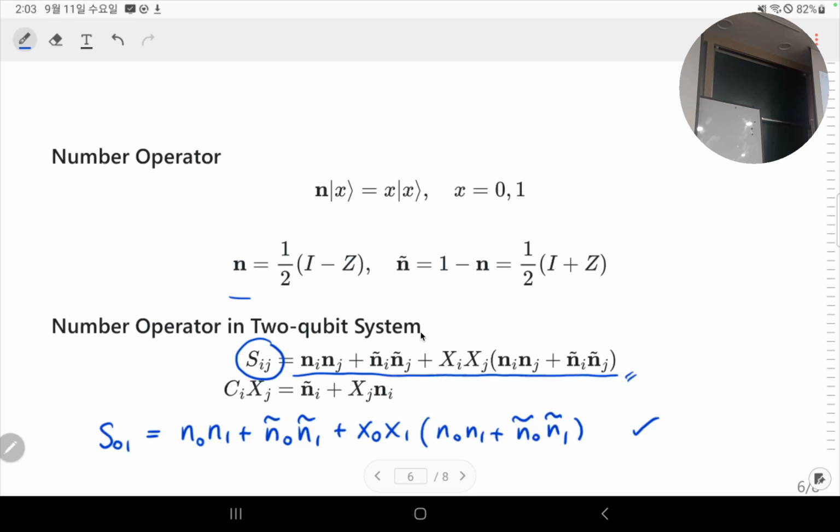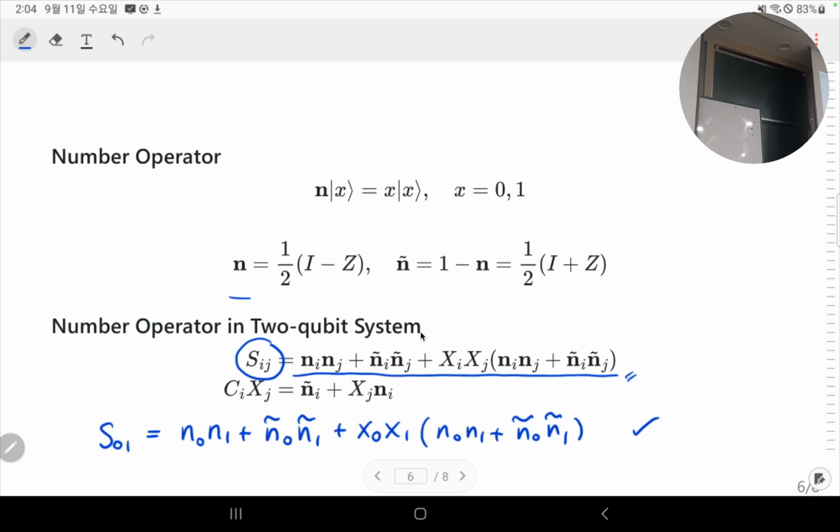Have you found the typo here? Group 2, where is the typo? The last one. Here, the tilde should be changed. I changed the first one.